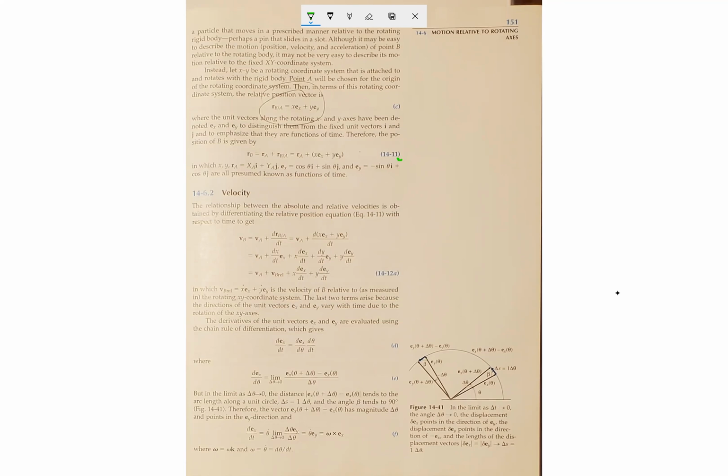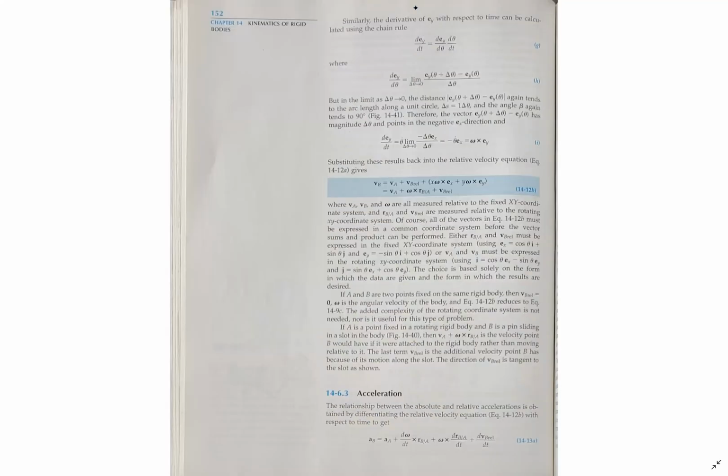Okay, so velocity is going to take our b relative to a term.